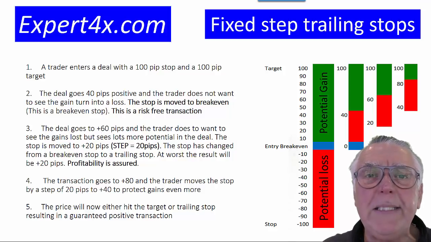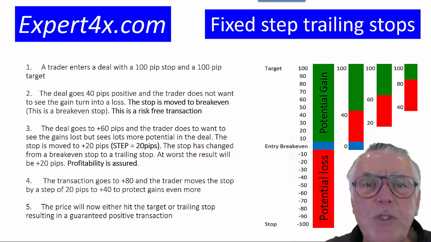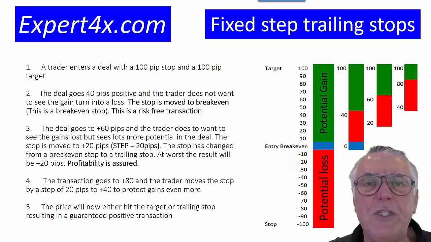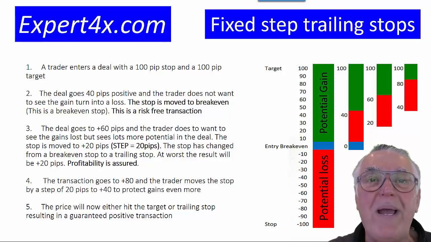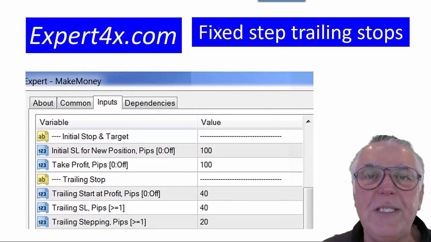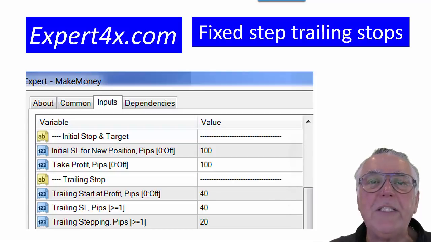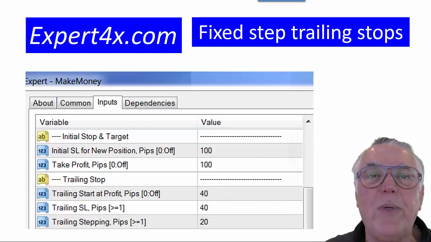To give you an idea of this in practice, we have trailing stops on most of our expert advisors, and I'll just show you the input screen of one of them, our Make Money EA. There we have the exact example that you've just seen. There's a stop of 100, there's a target of 100, there's a trailing stop that starts when the transaction is 40 pips positive.